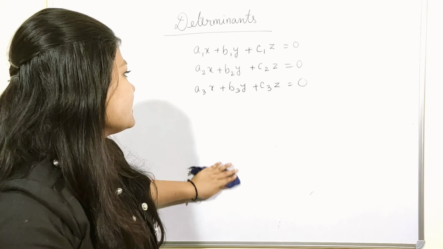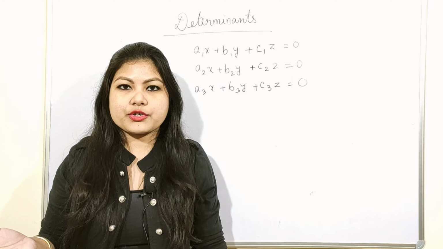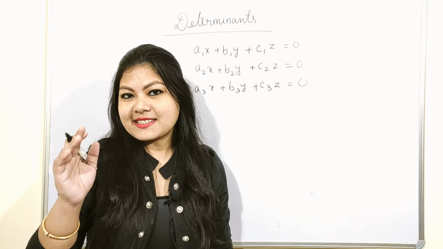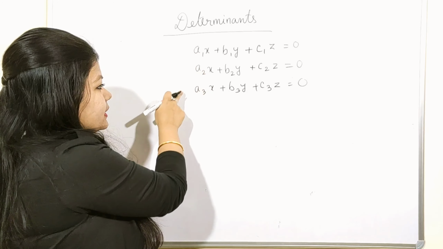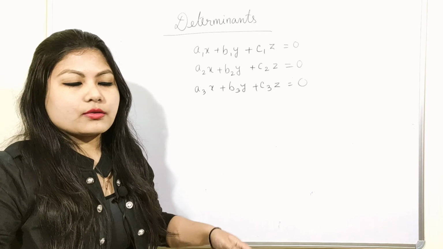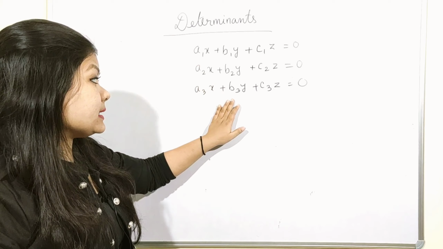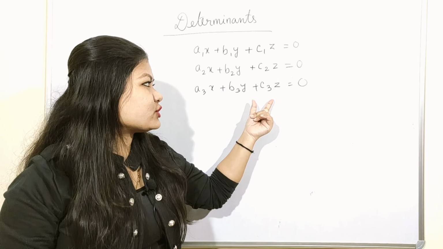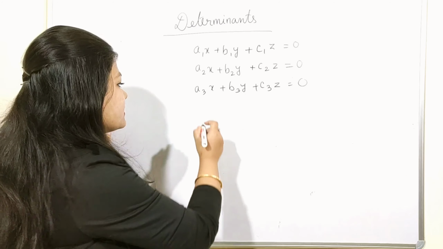This is a system of linear equations with the unknown variables x, y and z. Now a1, a2 and a3 are coefficients of x, b1, b2 and b3 are coefficients of y, and c1, c2 and c3 are coefficients of z.